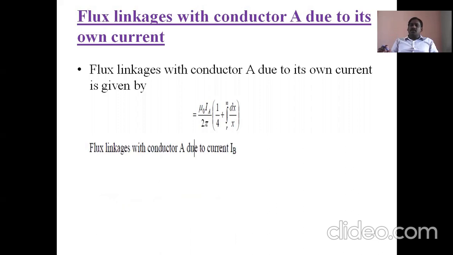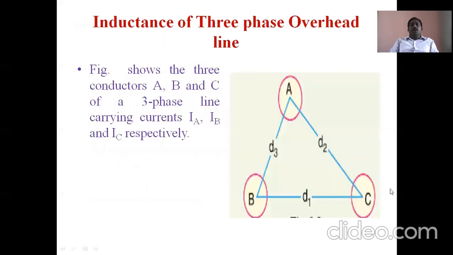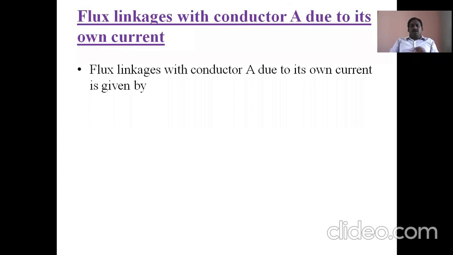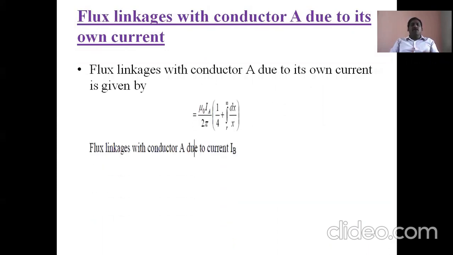The flux linkages with conductor A due to current IB is mu naught IB divided by 2 pi, times 1 by 4 plus the integral from d1 to infinity of dx by x, where d1 is the separation between B and A. Likewise, B and C also have separation d1.